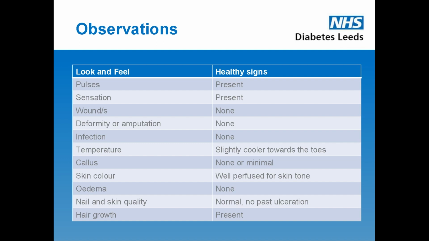So this is a very practical element of looking at a patient with diabetes and feet, where we look at what is normal. When we are looking at circulation, we can look at foot pulses, which we'll be going through on the next slide. We will look at how we look at sensation or lack of sensation in that aspect. We will look at wounds, what deformity is, where the infection could be and what to look out for.